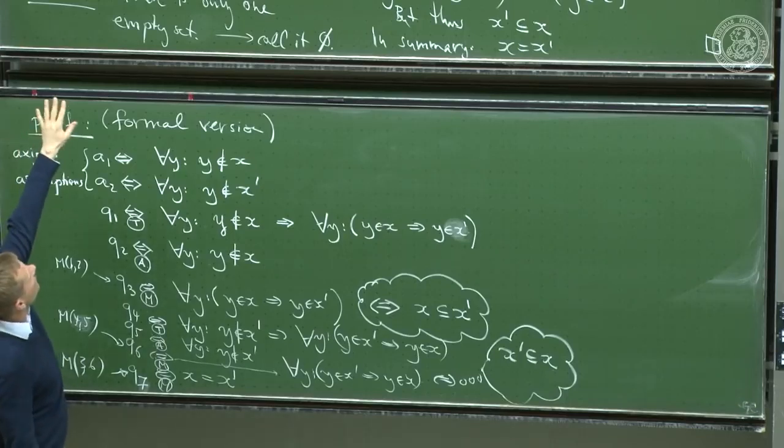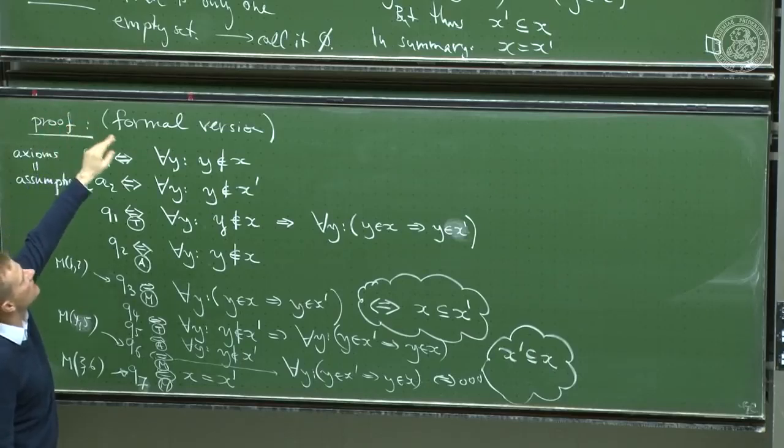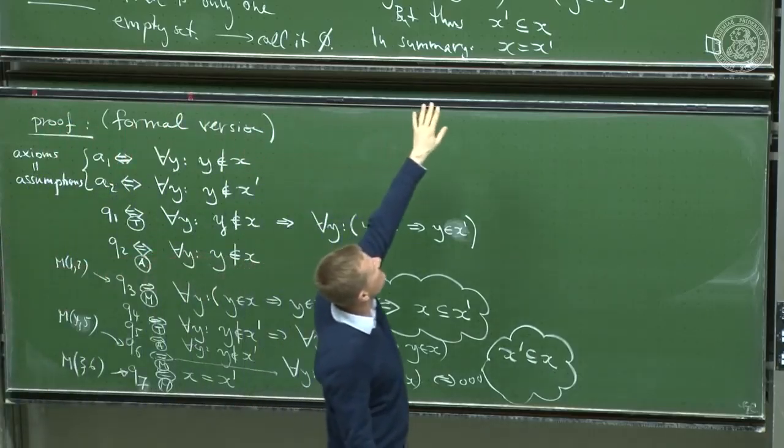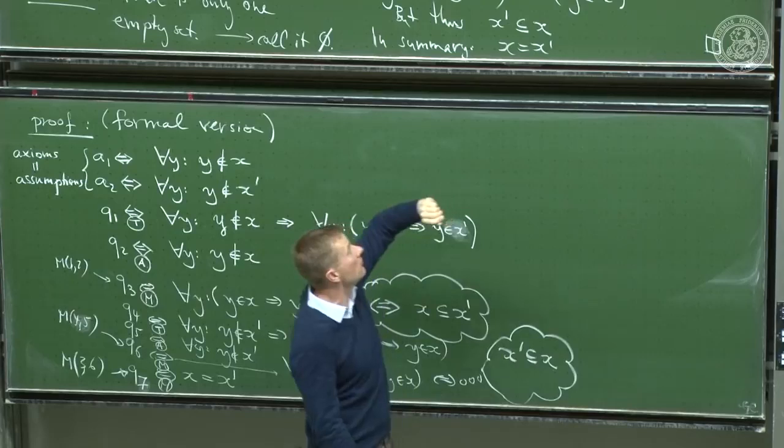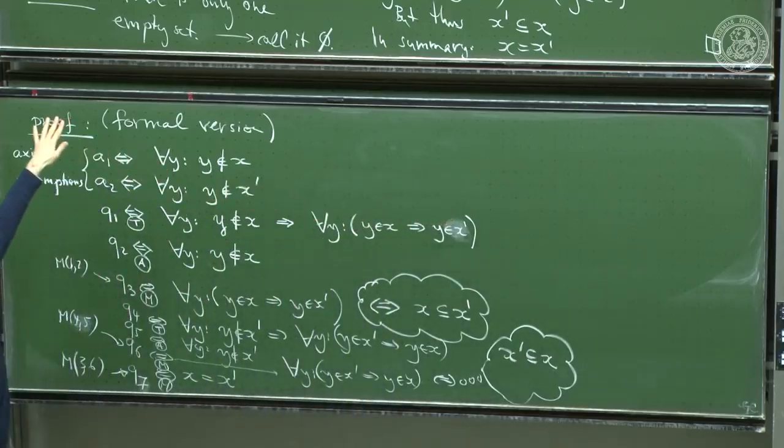From the standard mathematical language formulation, there exists a set that contains no elements, which corresponds to this standard textbook style proof. Or we can be very precise and use our first order predicate calculus, predicate logic, and mirror this in this very formal version of the proof. That is the spirit of axiomatic set theory.